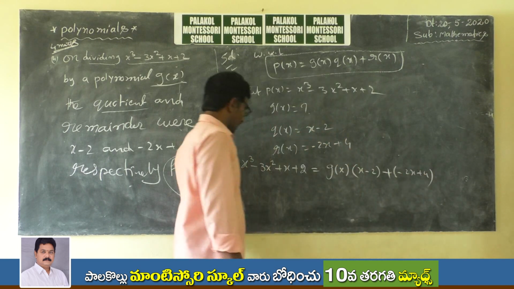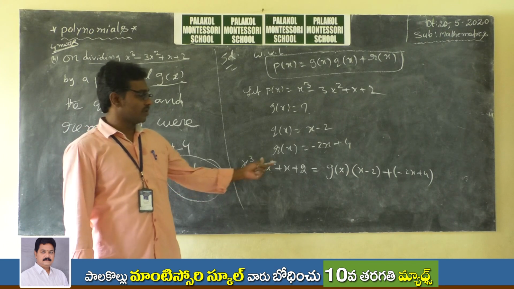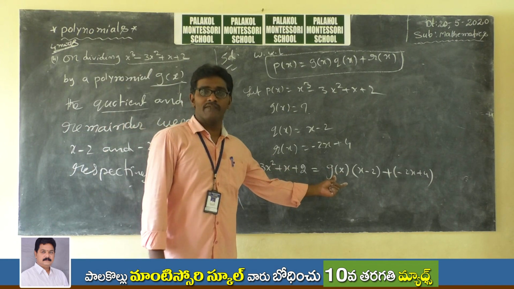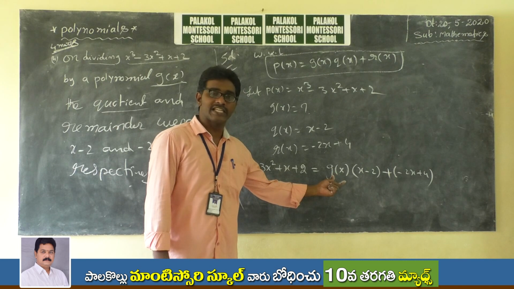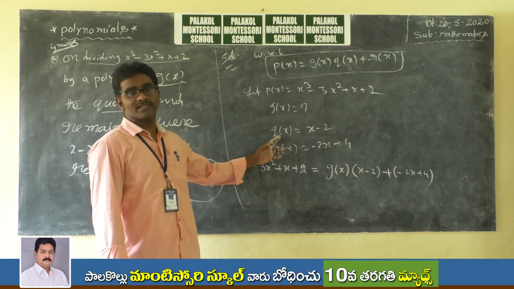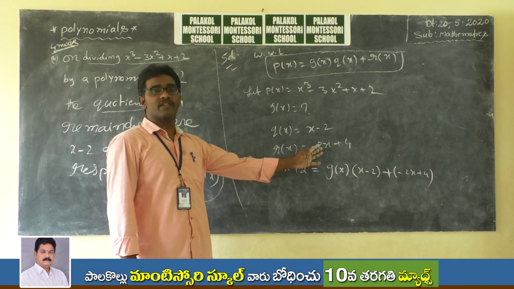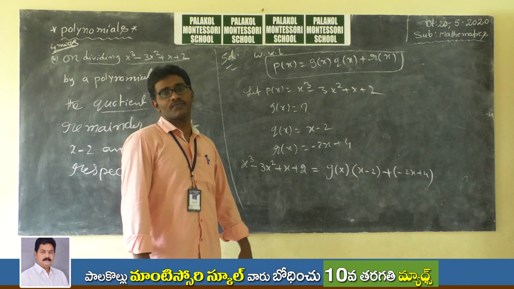Once again, p of x is equal to g of x, not given, so you find it, into q of x, which is x minus 2, plus r of x, which is minus 2x plus 4.